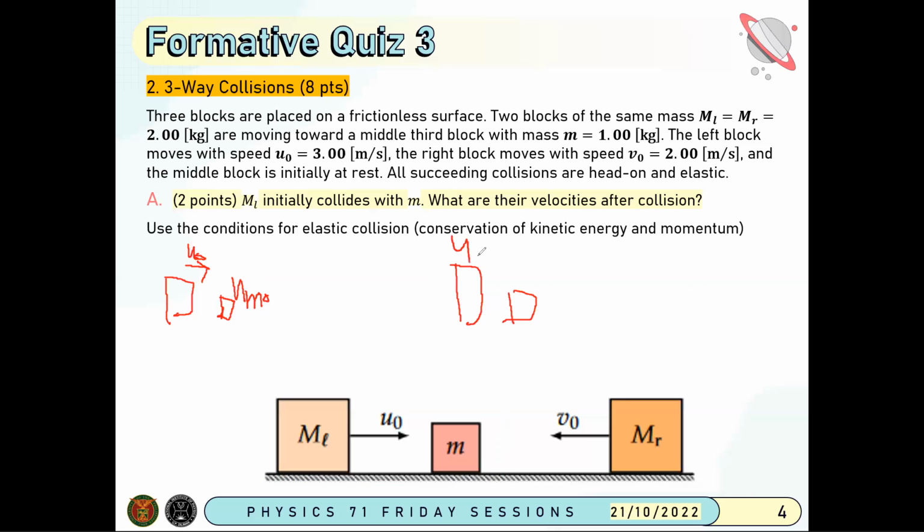And then this has UF and this has U small m F. Okay. So ito yung initial state before collision. Ito yung after collision. And then you now solve the conservation of kinetic energy and momentum. Okay. Kung ano yung applicable. Okay.